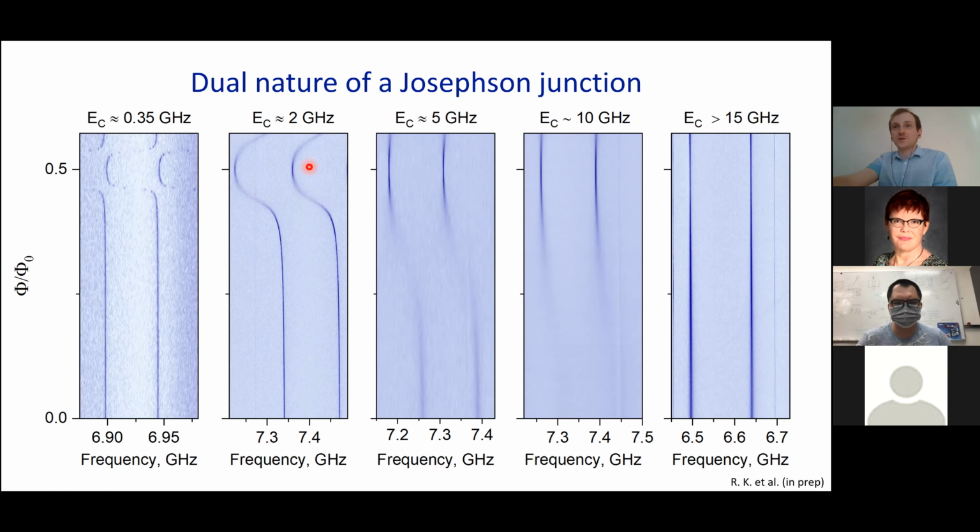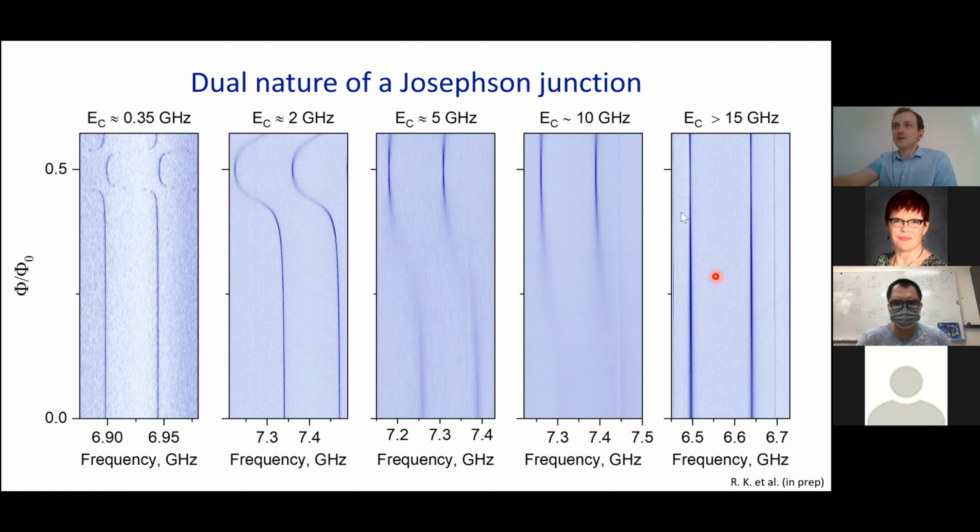When you make junctions even smaller, the broadening becomes larger, and it is even larger at approximately 10 gigahertz, where all modes almost disappear. But then, an interesting fact: if you go to even higher EC or smaller junctions, the modes become sharp again, almost. We still see that there is a broadening, but it's much less than it was here.